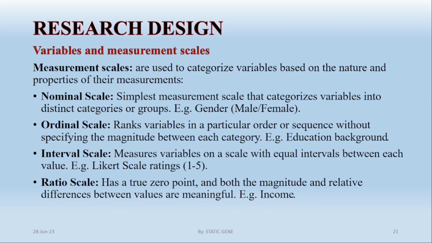It doesn't add up. It doesn't make sense at all if you try to subtract. That's a clear difference between the interval scale and ratio scale. Ratio scales have true zero points, and those points are meaningful. Interval scales have no true zero points, and it's hard to make meaning out of them.